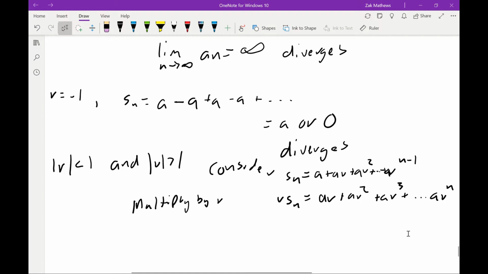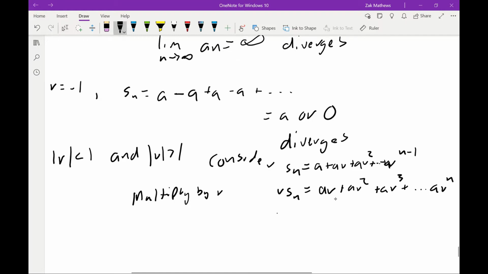So let's subtract over something here, because what we realize now is that this all was just equal to the partial sum minus the a r to the n, because that wasn't there before. We have an extra a in here.